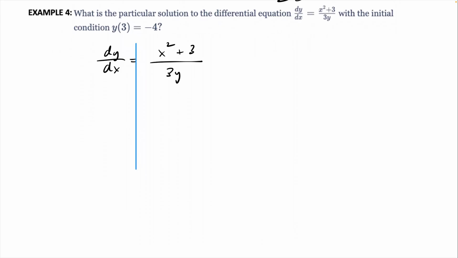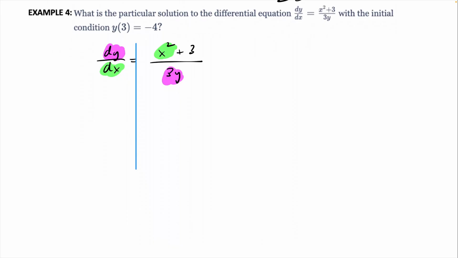Okay. So anything with an X needs to move to the right. Anything with a Y needs to move to the left. Positive 3 doesn't have an X or a Y, so it's going to stay on the right side.